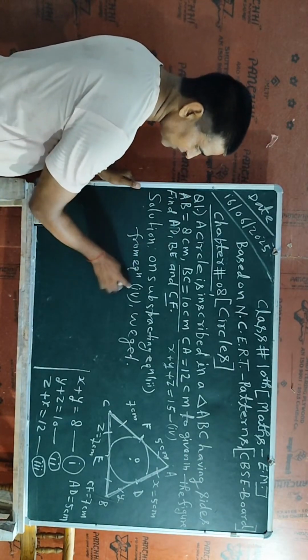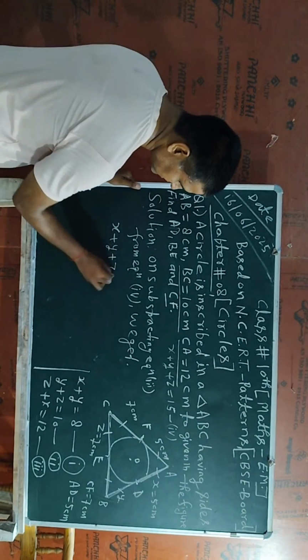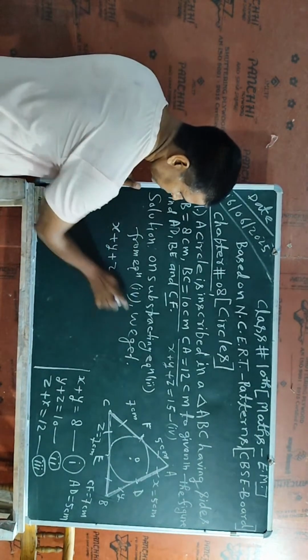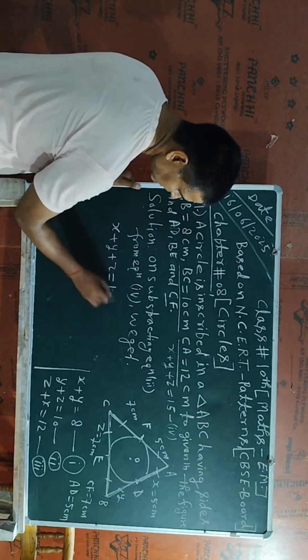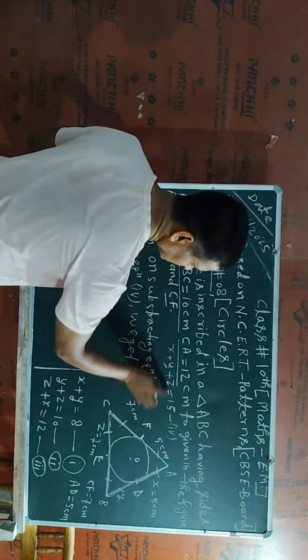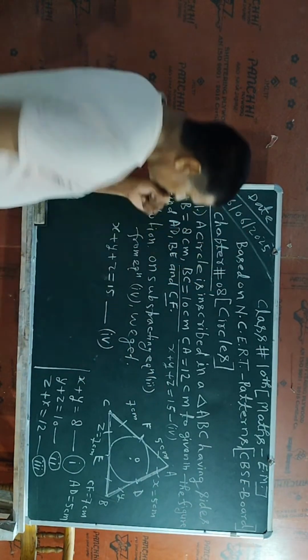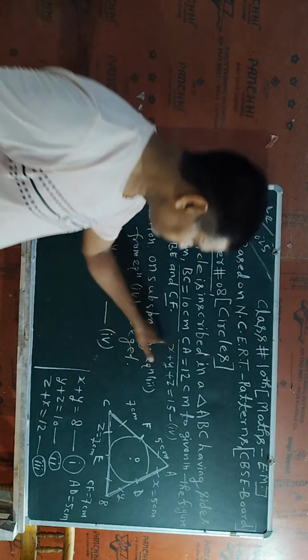So here I will write equation number 4, x plus y plus z equals 15, because x plus y plus z is equal to 15, and this is equation number 4. Sorry, I have written it.